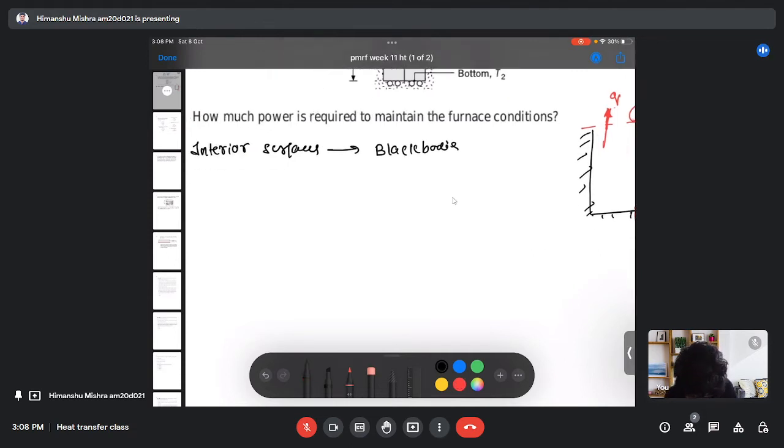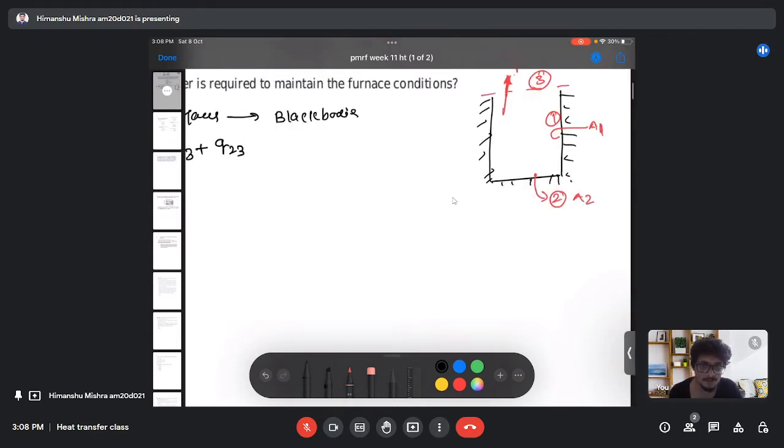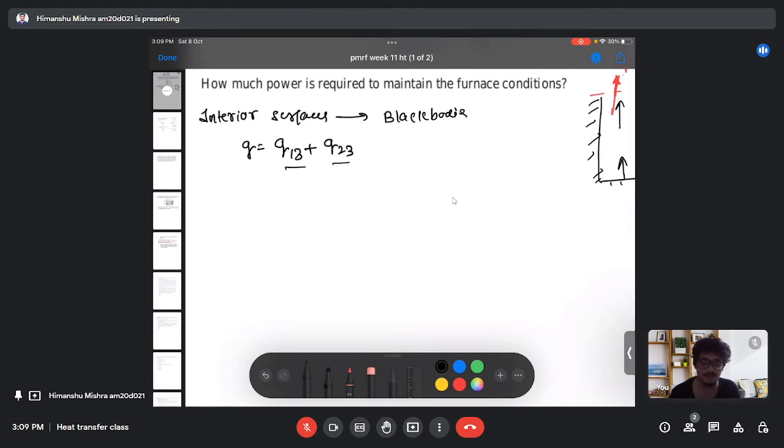Now the heat transfer will be defined as follows. There will be heat transfer from surface 1 to 3 because there is radiation emitting from this surface to the outside, and there is heat transfer due to the radiation which emerges from surface 2 to the outside. So the heat transfer will be the summation of these two heat transfers, from the first surface as well as from the second surface.